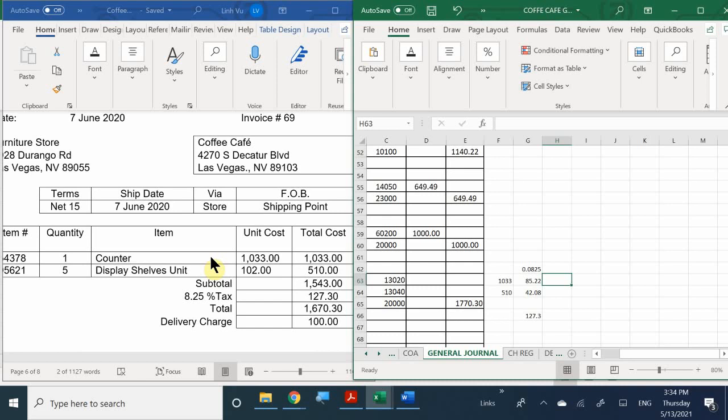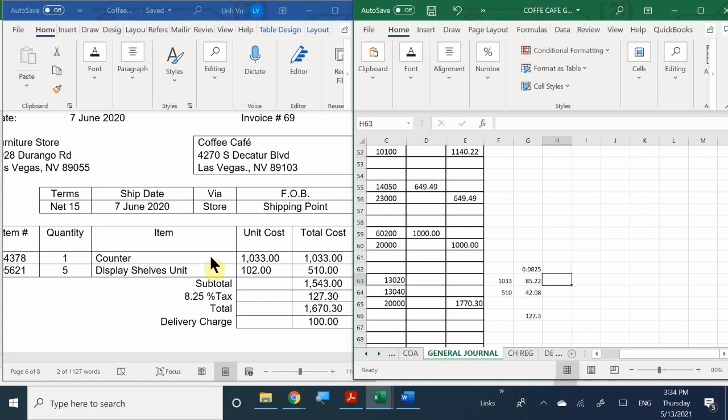But if you did want a more accurate and more precise way of doing it, be my guest, go pull out a scale and weigh them out and get the exact percentage of how much shipping you want to divide. But in this case, because I'm the accountant, I'm telling you this is how I want you to record it. I want you to dedicate 75% to the counter and 25% to the shelves.